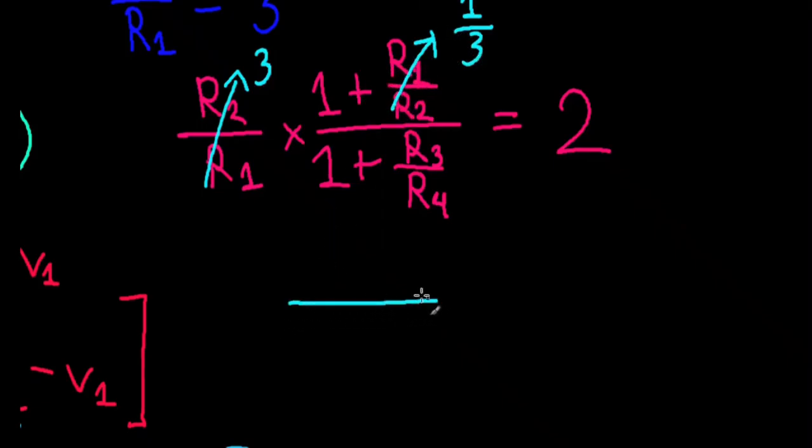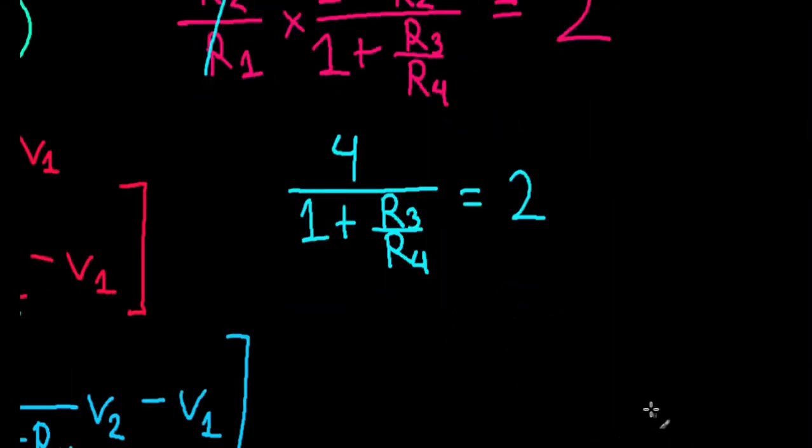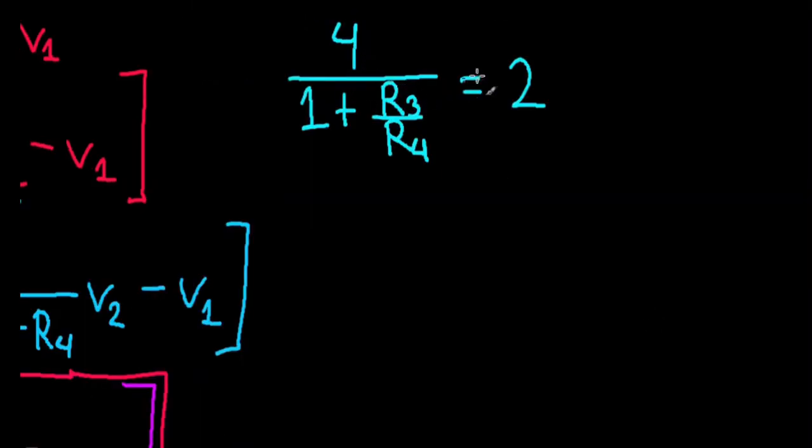So 4 divided by 1 plus R3 by R4 equals 2. If I do some algebra right here, 1 plus R3 by R4 has to be equal to 4 by 2, which is 2.